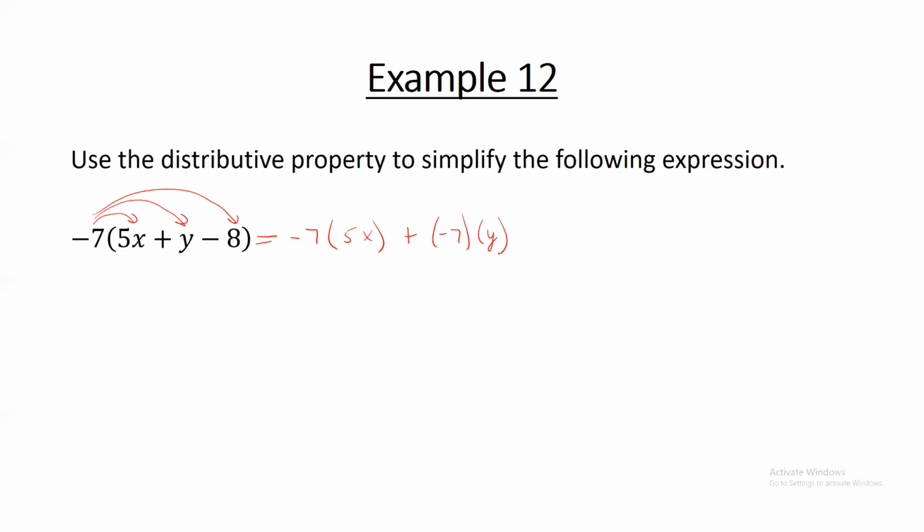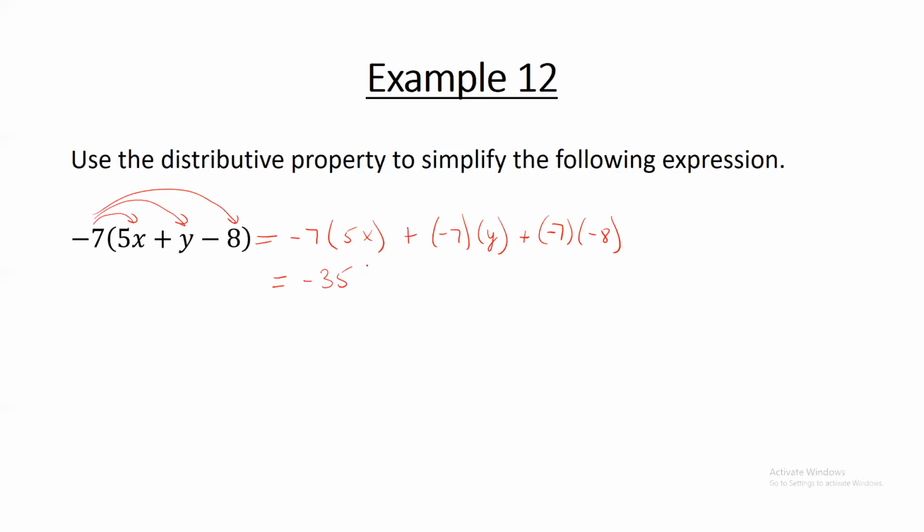Now, I am also multiplying -7 by -8. And one little trick that you could use is you could just say negative times negative is positive and not worry about the minus signs. Just know you're going to end up with addition. But for now, I'll write it all out in detail. And so our answer is -7 times 5, which is -35.